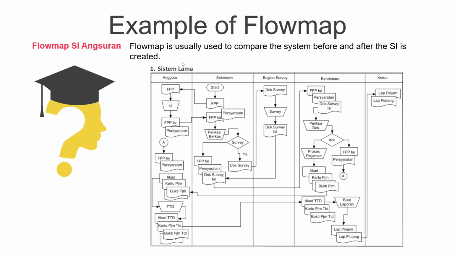Nah, jadi if you have some existing system, you must write down the sistem lama, gitu ya. Jadi your existing system is sistem lama. Misalnya di sini contohnya adalah flow map SI angsuran atau sistem informasi angsuran. Di dalam SI angsuran ini terdapat 5 personel kunci.